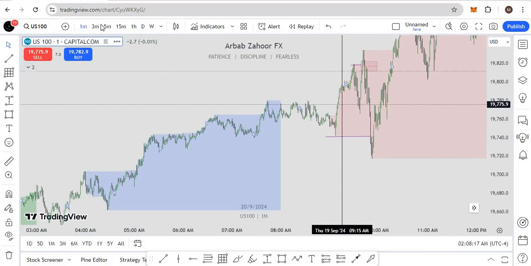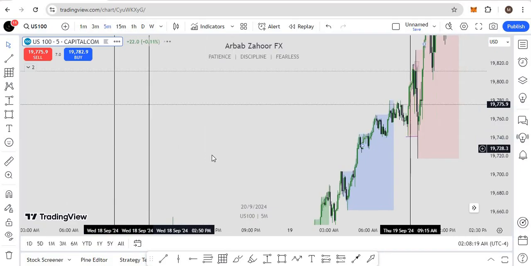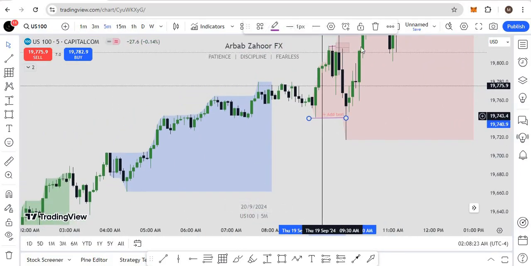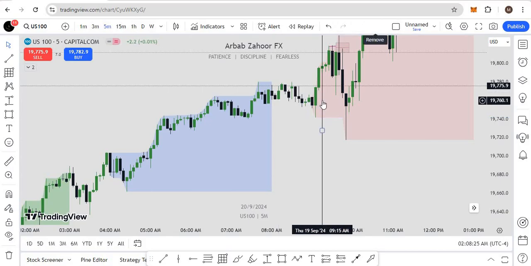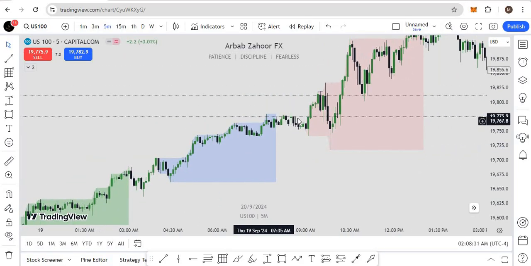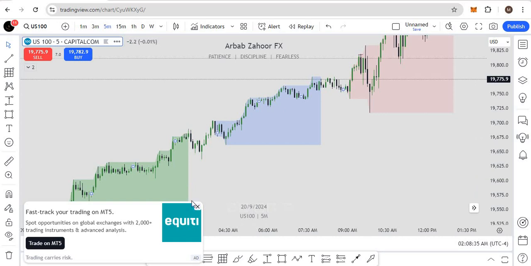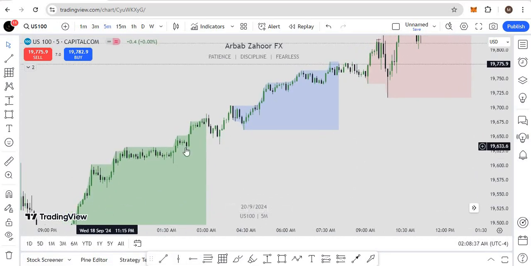Why did the market reach here? What is the reason? Let me go to the 5 minute time frame and show you why the price should come here. There should be some logic, right? Why should price come here before going to the upside? Because that day the market is bullish.